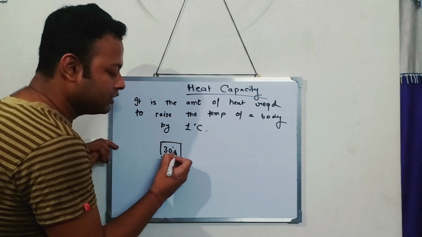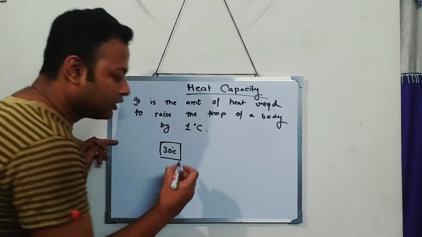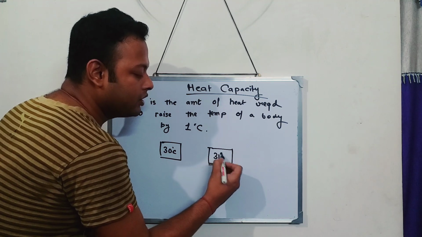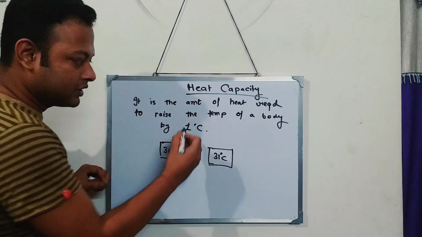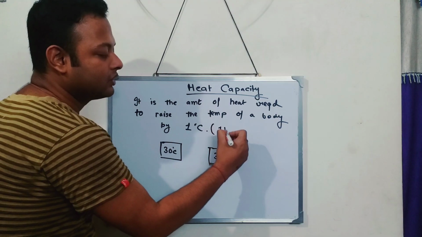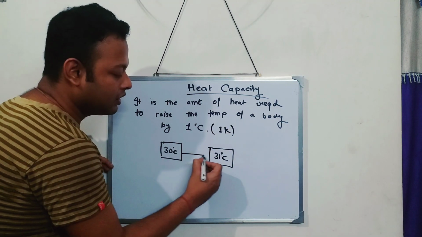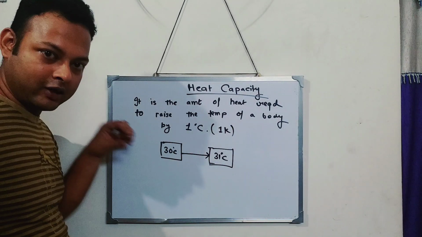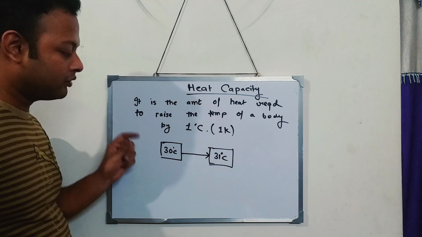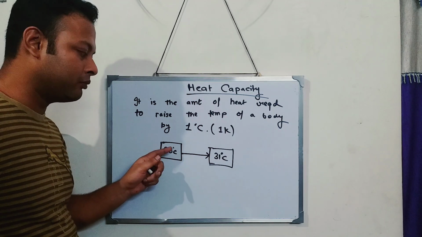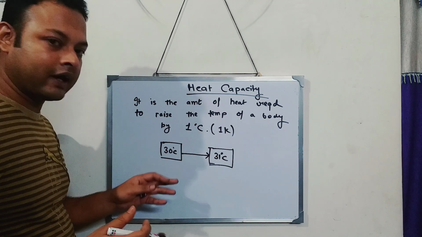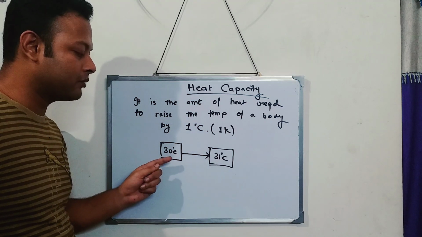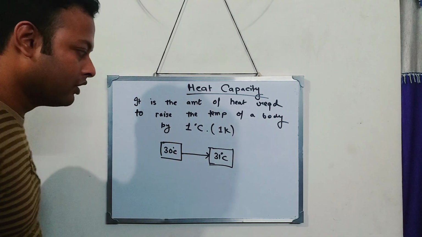Now to make this body go to 31 degrees centigrade, to increase the temperature by 1 degree centigrade or 1 Kelvin, so same thing, to make it from 30 to 31, I need to put heat to this body, and by putting heat, the body will have certain internal energy changes, and that internal energy change will result in the rise of temperature from 30 to 31.